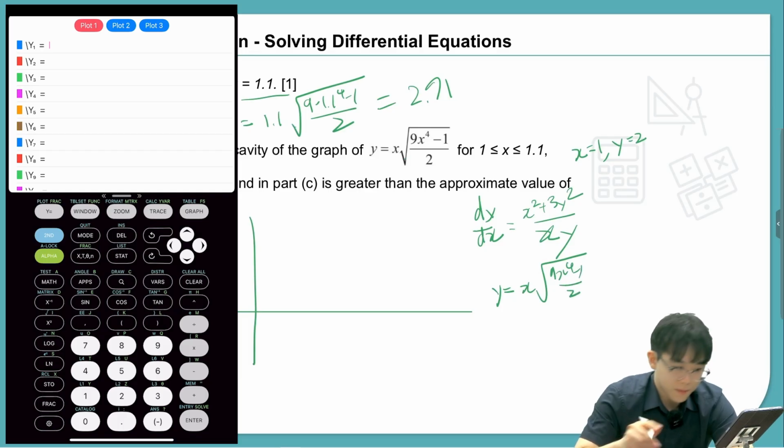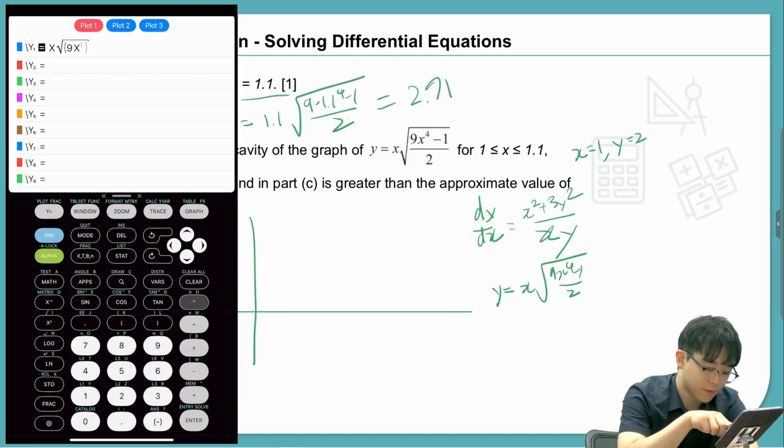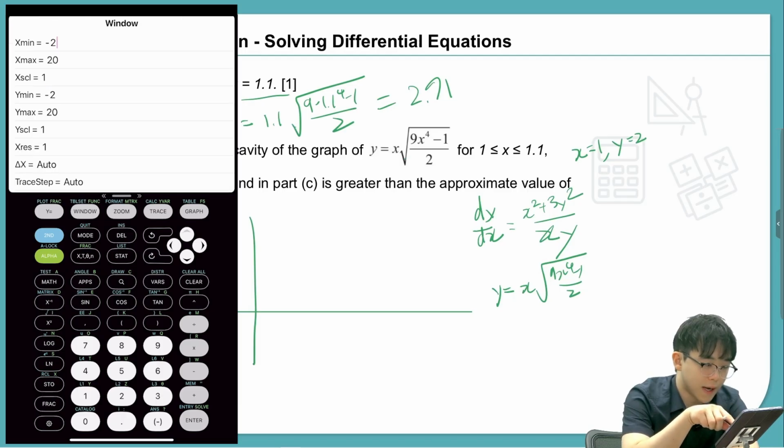So if you do that, you will find some interesting results. So if you have x square root of 9x to the power of 4 minus 1 over 2, right? And if we plot this for x is around 0.8 to 1.3, right? Because we want x's from 1 to 1.1, right? So 0.8 to 1.3 maybe.